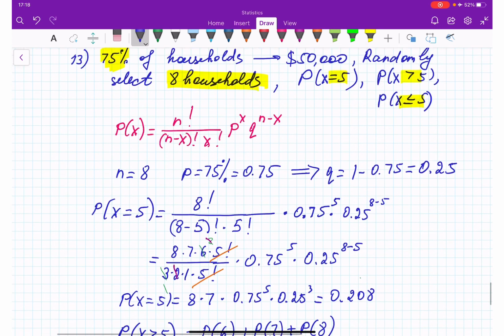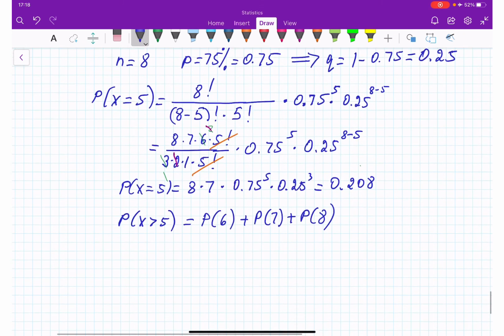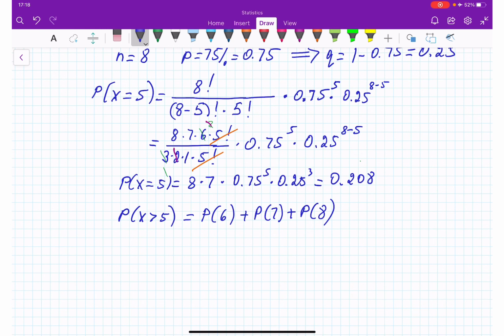Because total we have 8, maximum is 8. Therefore, greater than 5, 5 is not included, has to be 6, 7, and 8. And if you plug the data in the calculator, or if you want, you can solve it, then you are going to get 0.679.